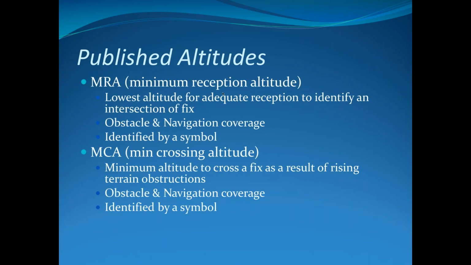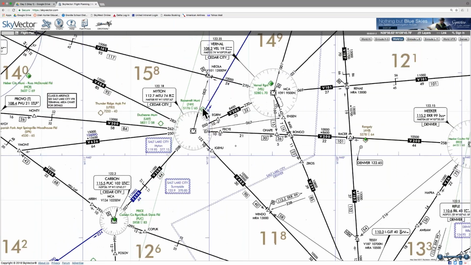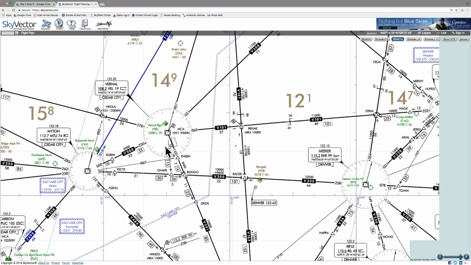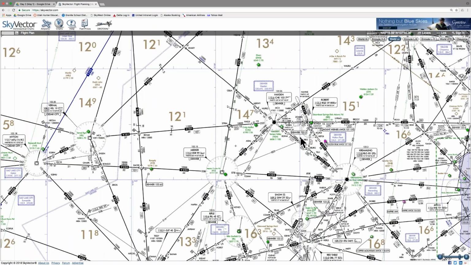MCA, minimum crossing altitude. So there's certain fixes where we have to cross at a certain altitude. Mostly talking about these low charts. The minimum altitude to cross a fix is just due to obstructions or obstacles. So once again, we'll see it identified with the symbol. Let me see if I can just find one really quick.